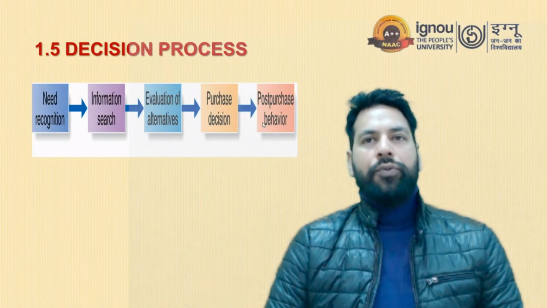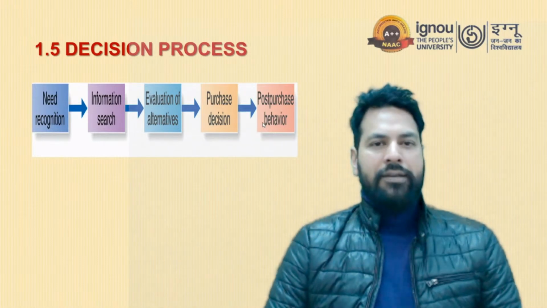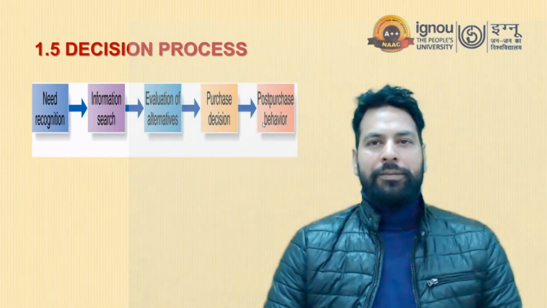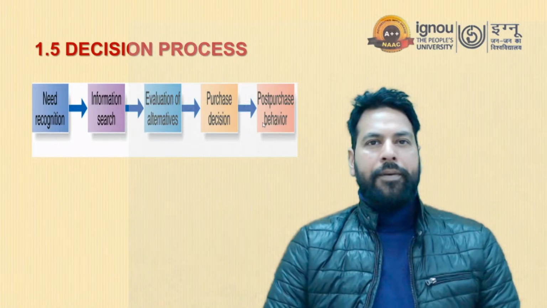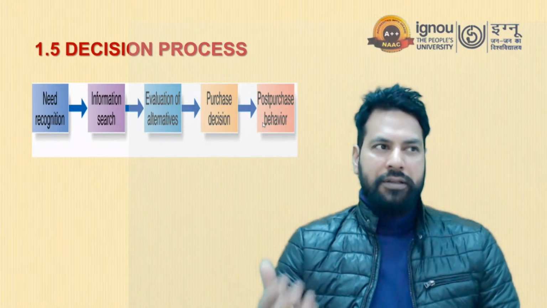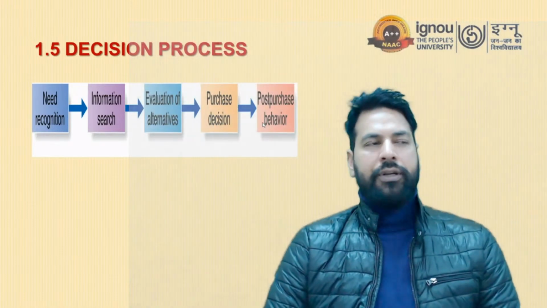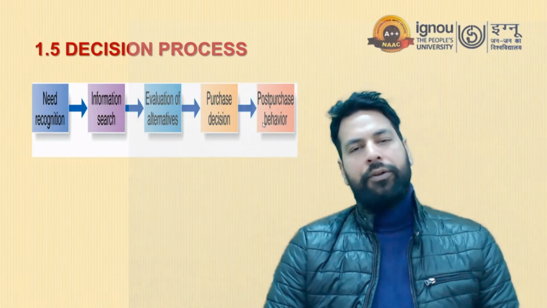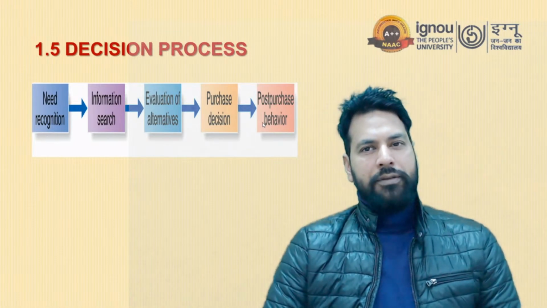Now I would evaluate these brands on certain parameters. For me, parameters could be the price because I am a student. I cannot go and buy a customized jeans costing, let's say, 30,000 rupees. I am a student. I need to be economical in my approach. So I will go for something which is 2,000 rupees.